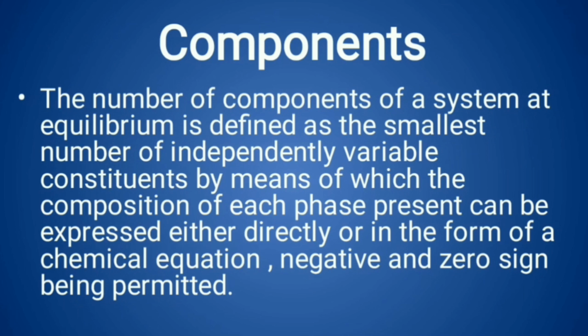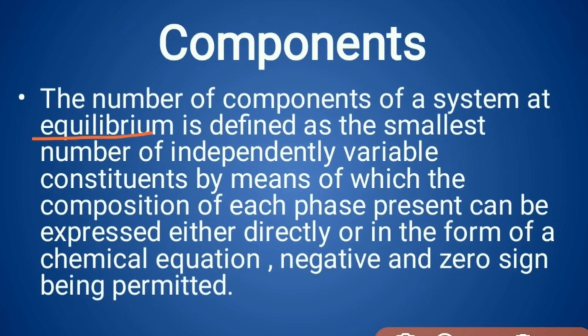So let's begin. For the number of components of a system at equilibrium, we are talking about phase equilibrium. So please always remember that the system will always be at equilibrium. This is a very important part. We have to remember the system will be at equilibrium every time while studying this chapter.